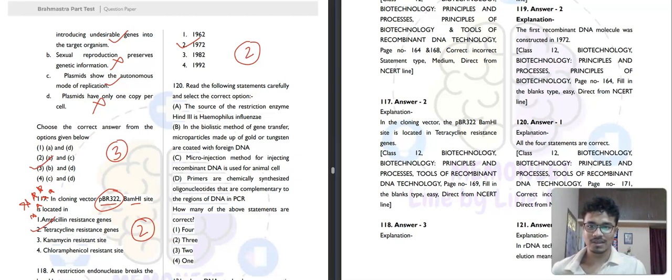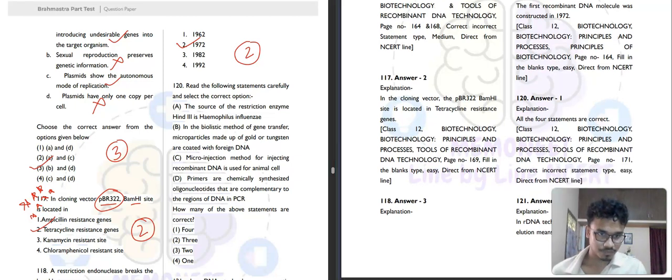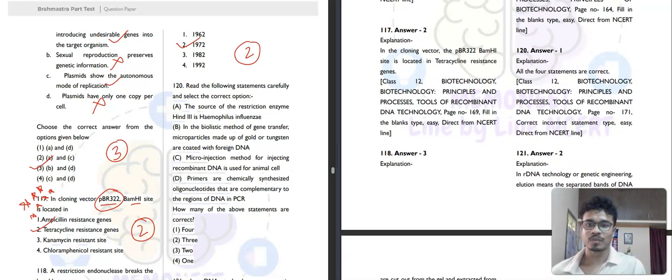Moving towards the next question, question number 120. Select the correct options for the statements. The source of the restriction enzyme HindIII is Haemophilus influenzae. This is correct.